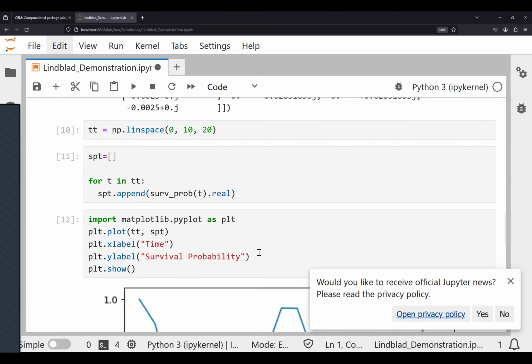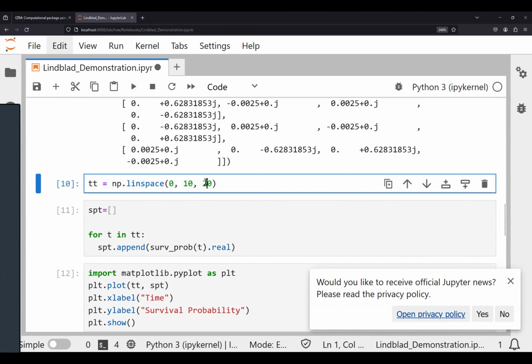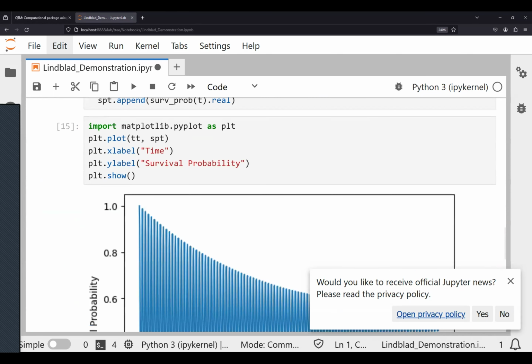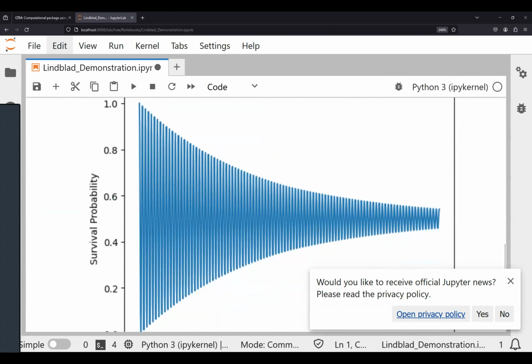But if we look at this from a wider range, I will change this one. Ah, so there is a decay there, because before we didn't see it.